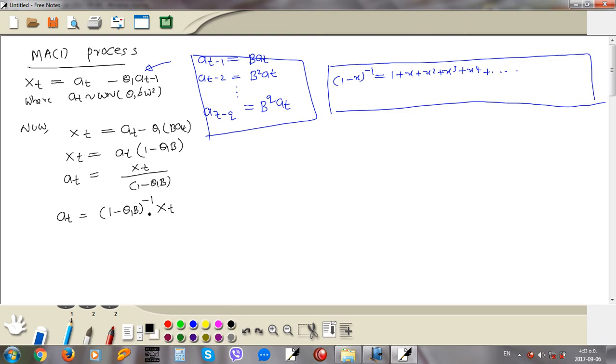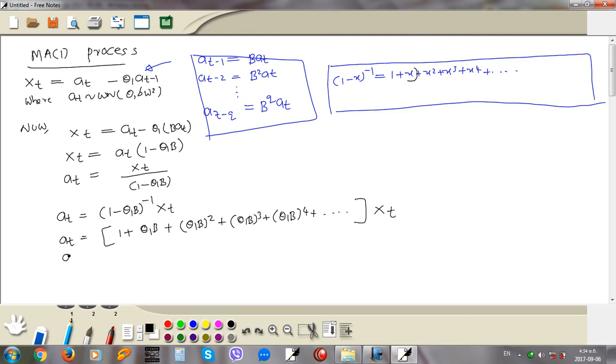By using that expansion, we can write a_t, where x is equal to theta_1 B. So we can write 1 plus theta_1 B, because the first term is x, then the second term is x squared, meaning theta_1 B squared, then the third term theta_1 B cubed, the next term theta_1 B to the power 4, up to infinity, and here there is x_t, right?